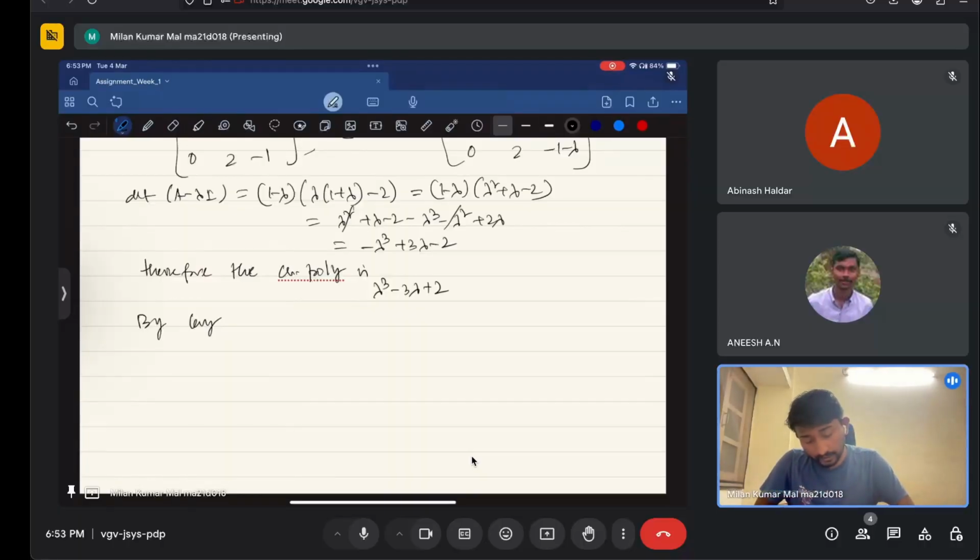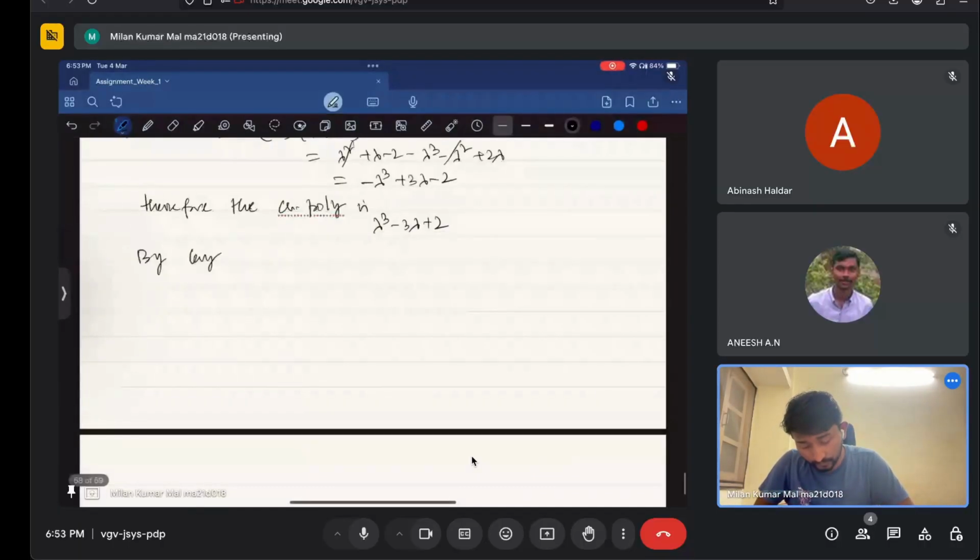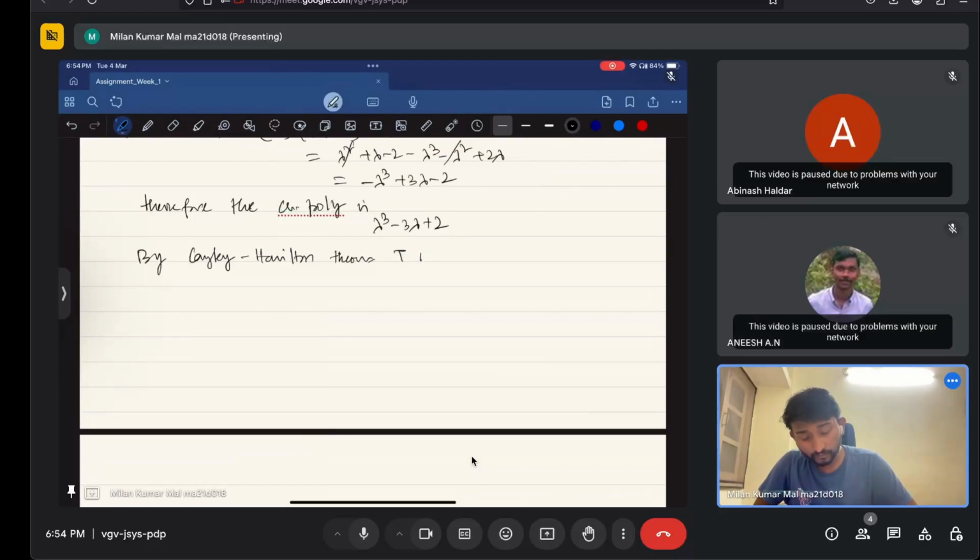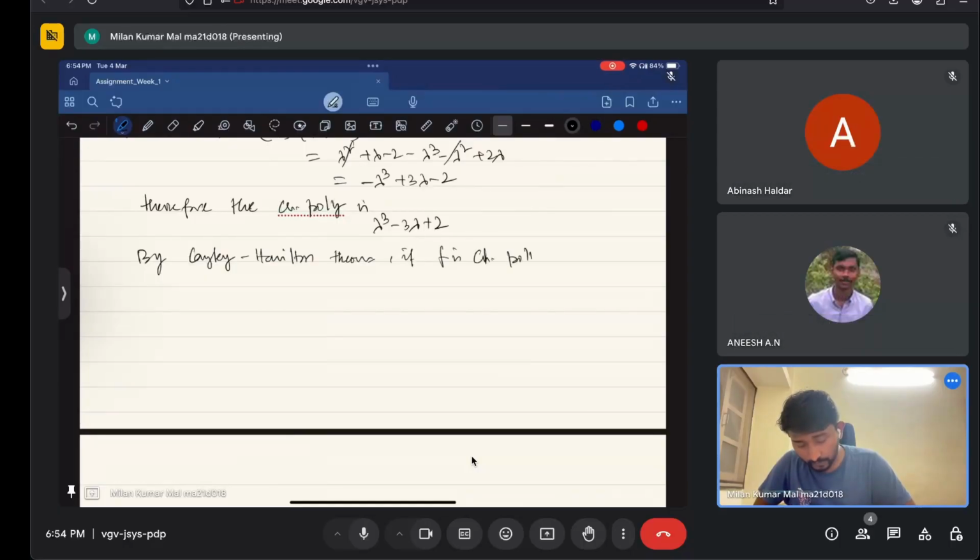So by the Cayley-Hamilton theorem, if f is the characteristic polynomial of T, then f(T) equals 0.